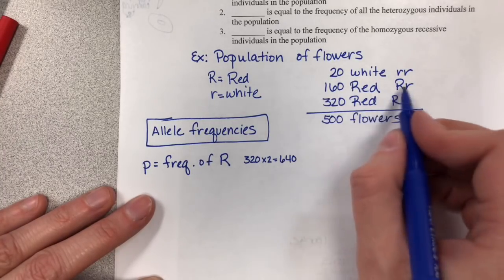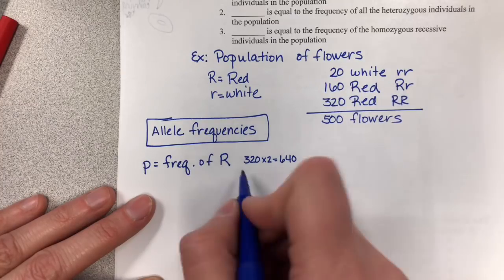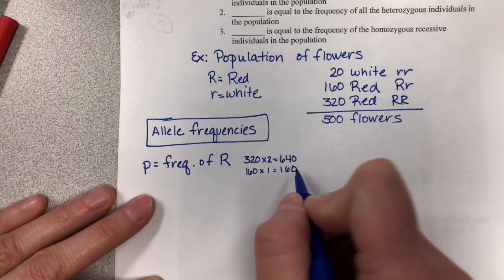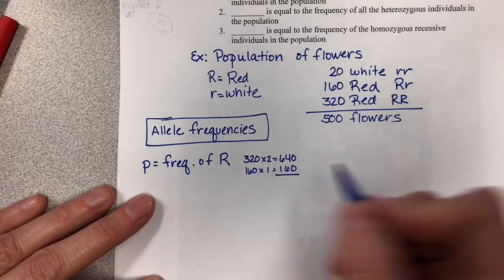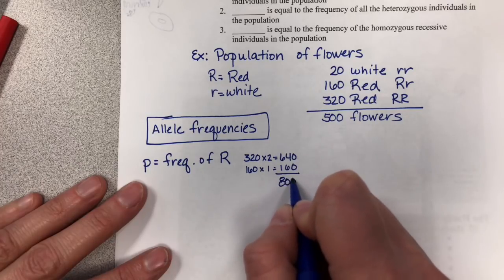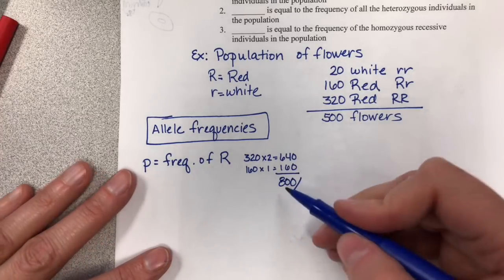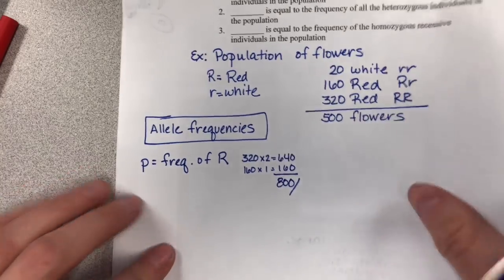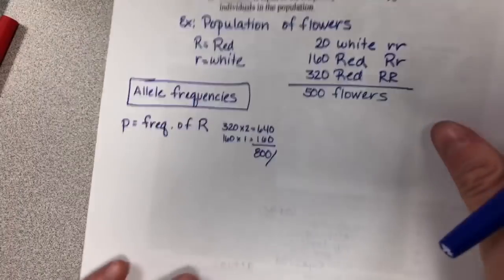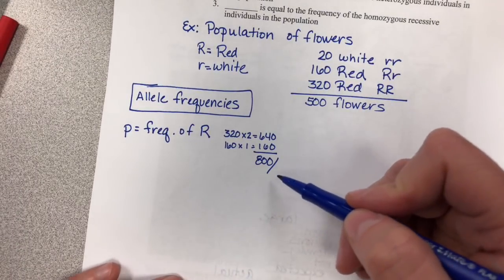But we also have the 160 red ones that have one big R, so 160 times 1 gives us 160. We add these together and we get a total of 800, divided by, since we want a frequency, the total number of alleles.